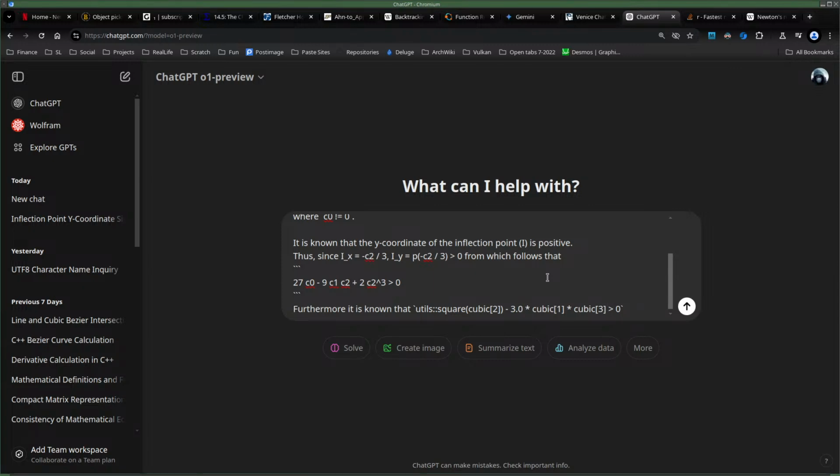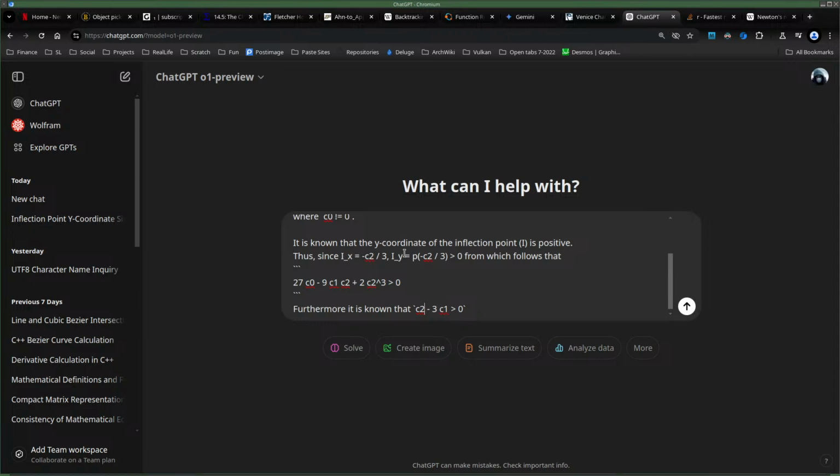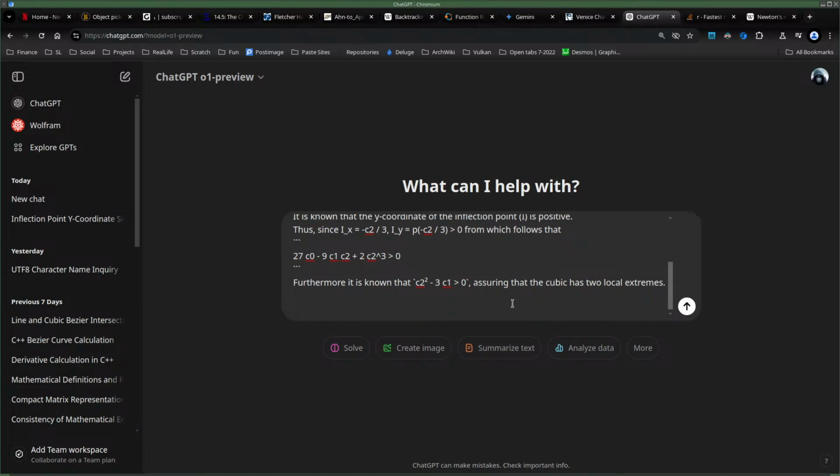And here we have again the coefficients, and this one was 1, and this is C1 times 3, and this is C2 squared. Let's put it on the other side.